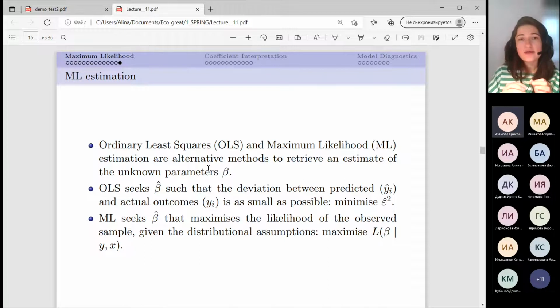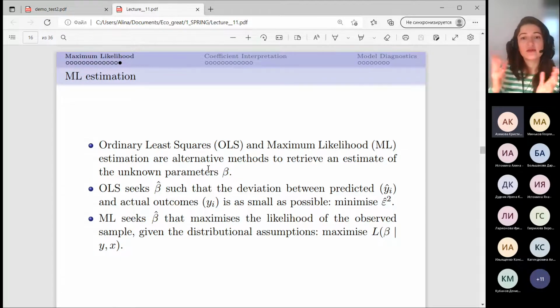When you work with a dependent variable that is categorical, such as binary variables, so limited outcomes, the ordinary least squares method is not a good choice, because ordinary least squares estimates the betas in such a manner that it minimizes the deviation between predicted and actual outcomes.